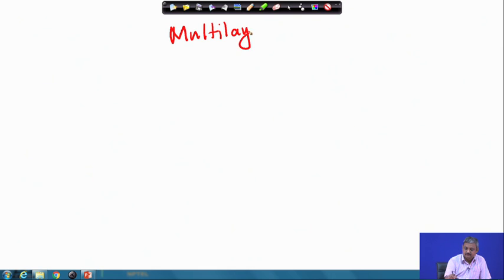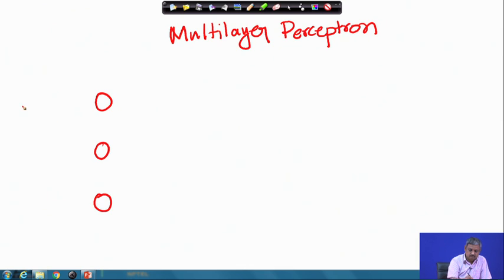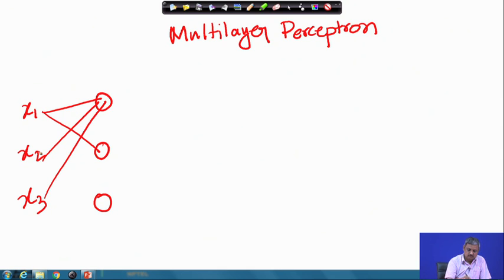Make the picture clear. Suppose I have 3 inputs. Each of the inputs will be connected to all the neurons. This diagram is important. Each input is connected to each of the input neurons.